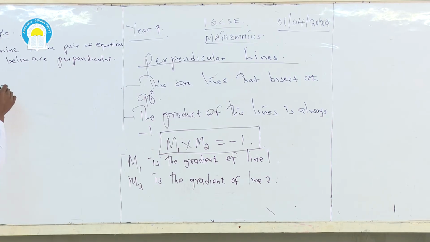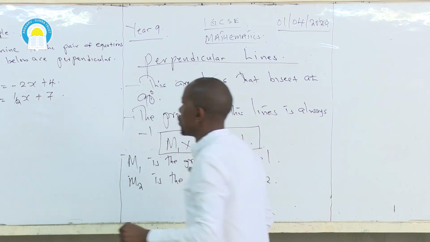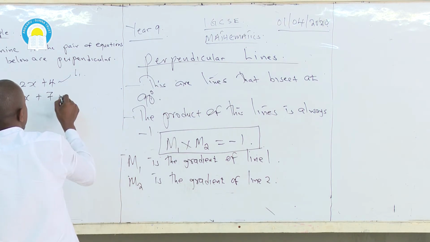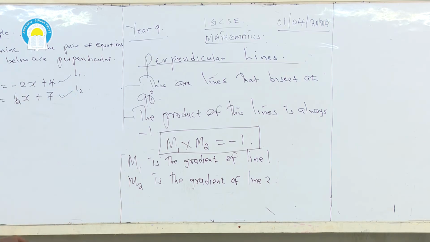We say y is equal to -2x plus 4. Then you have y is equal to a half x plus 7. For instance, we say this is a pair of equations. Now we say this is line 1 and this is line 2. What is important here is to know how to identify their gradients, which we've done.